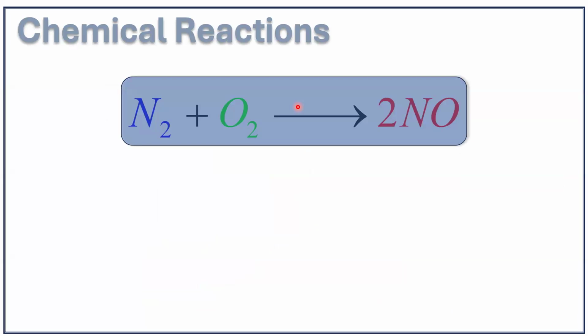Okay. And when you write about chemical reactions, you have N2 plus O2 giving 2NO.